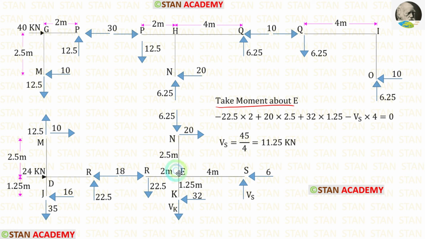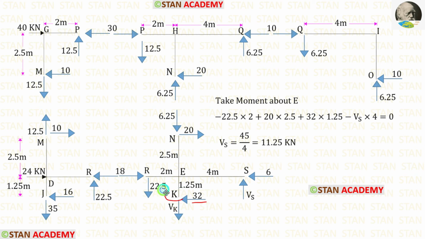Now, let us take moment about E and find VS. This force is acting in the anti-clockwise direction, so it will be negative and the distance is 2. This force is acting in the clockwise direction, so it will be positive and the distance is 2.5.